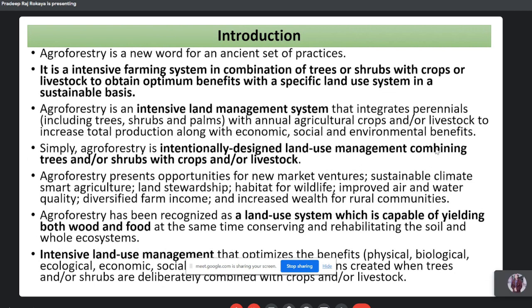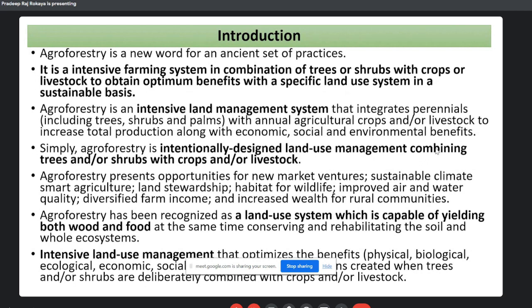Then it combines trees and shrubs, and agricultural crops or livestock. So there are three components: one is tree, the next is crop, and the third is livestock.